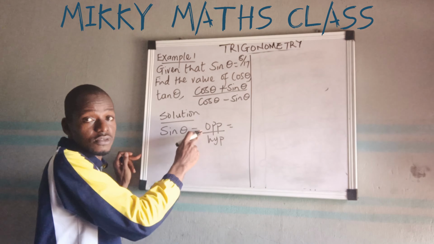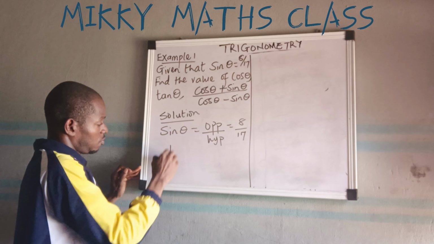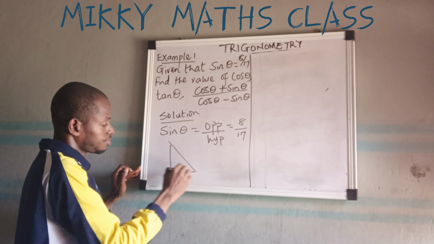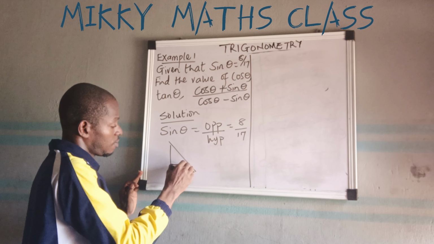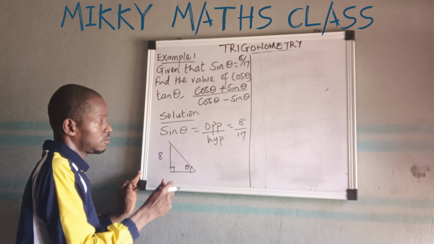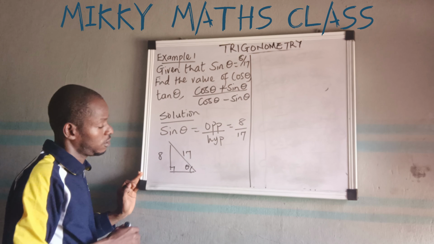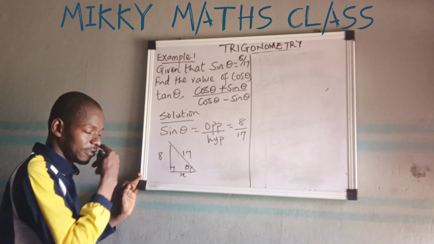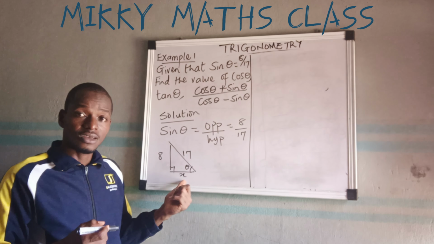So our opposite is 8 and our hypotenuse is 17. So in the right angle triangle, the opposite, which is here, is 8, while the hypotenuse, the largest side, is 17. So we don't know what our adjacent is. Now, the first thing to solve, we must get our adjacent.